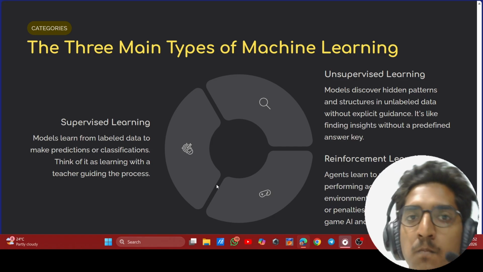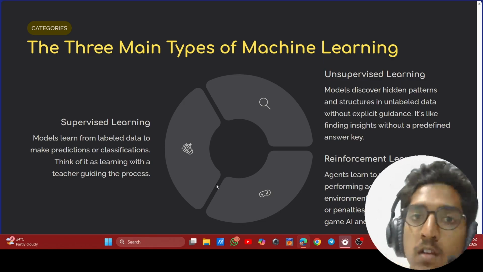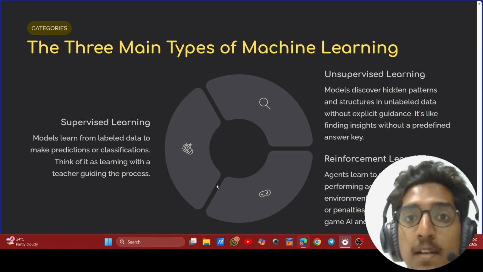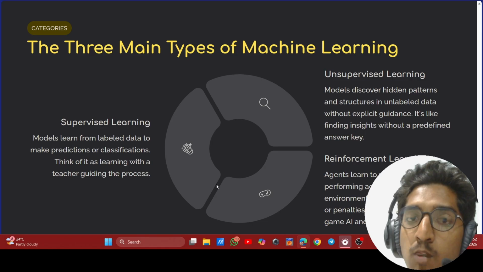In supervised learning, labeled data is given. Labeled data means the defined data is given. In unsupervised learning, unlabeled data is given. Unlabeled data means the non-defined data is given as the input to the model.